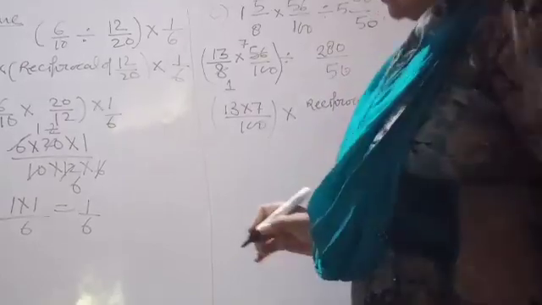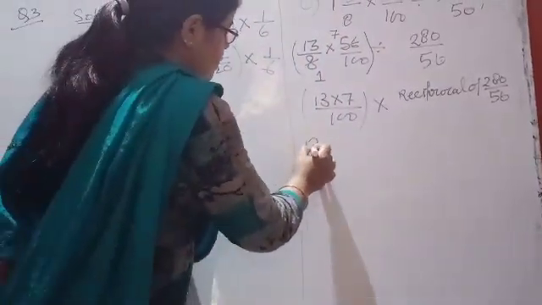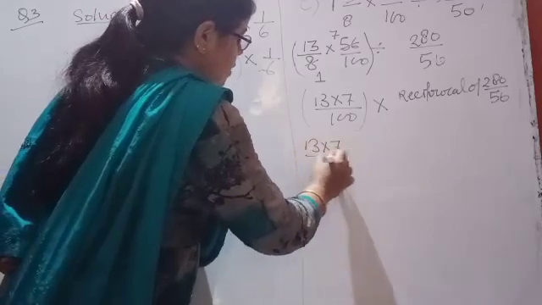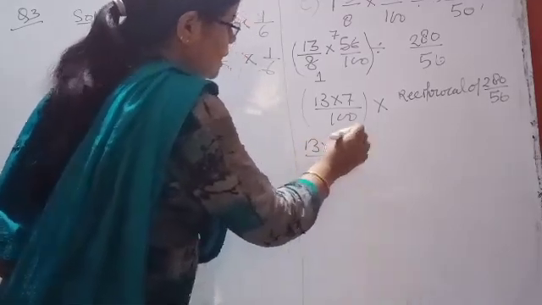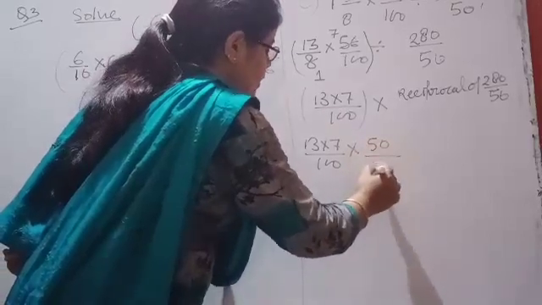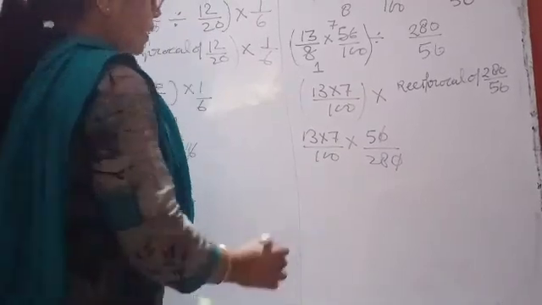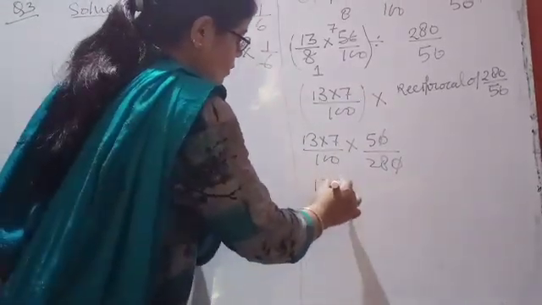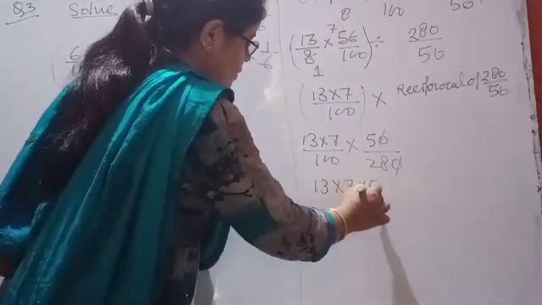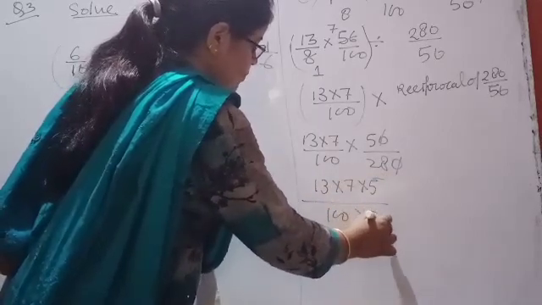Now come to the question, 13 into 7 upon 100 multiplied by the reciprocal, means 50 goes on top, 50 upon 280. So this 0 and 0 will be cancelled. So 13 into 7 into 5 upon 100 into 28.